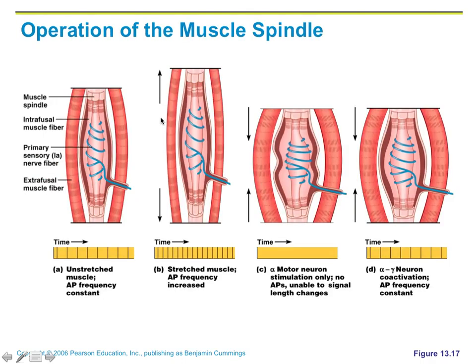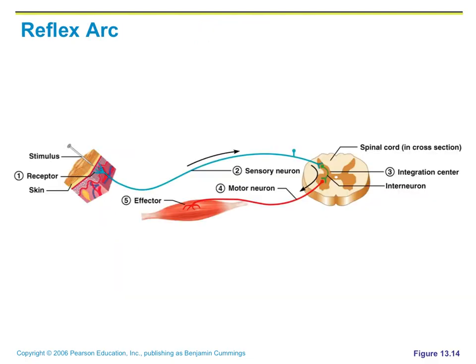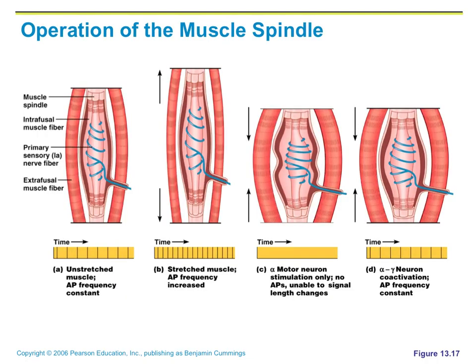Since we have the receptor, we actually have several types of receptors. This is one type, for example, called the muscle spindle. The muscle spindle can detect muscle tension.